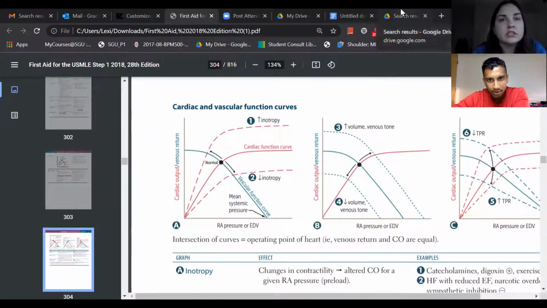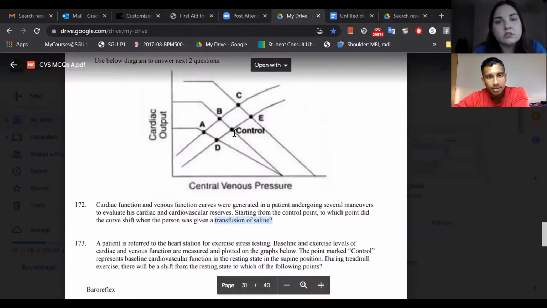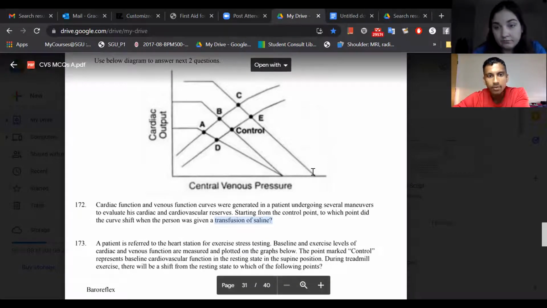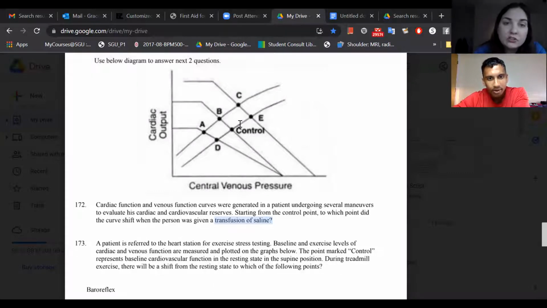So we want to stay along that same red line, which is D to control to E, and we want to increase. And notice we're on the line that doesn't have the shared peak because we didn't change TPR. We just gave them some fluid. So if you look at your answer key, the answer should be E, because we didn't change the red line. We stayed with the red line and we increased the blue line.